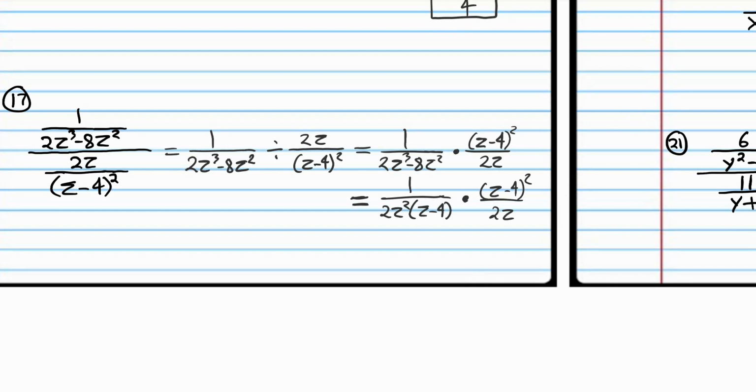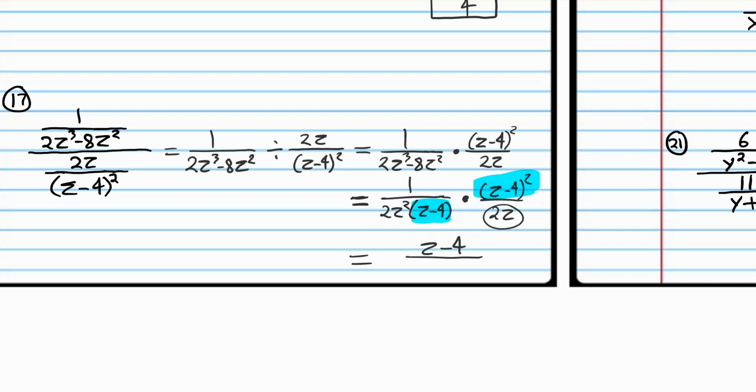And now we have 1 z minus 4 here, and we have 2 z minus 4's here. So we're going to be left with 1 z minus 4 in the top. And we'll just multiply straight across with the leftover part.